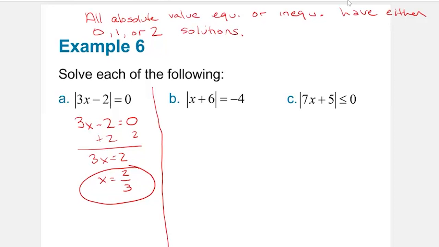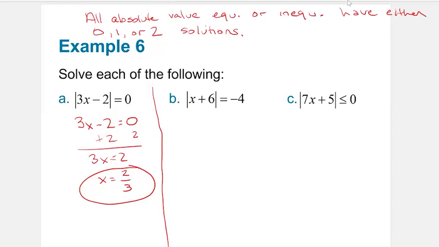Now for B, I know that the absolute value of x plus 6 is going to be a positive number, right? Because that absolute value always makes it positive. Distance is always positive. So how can I have some absolute value equal a negative number? Well, I can't.